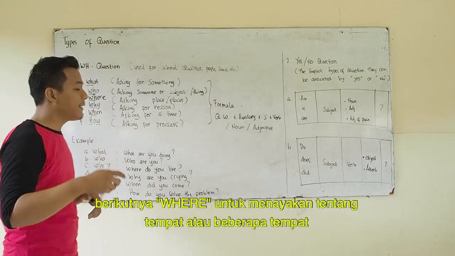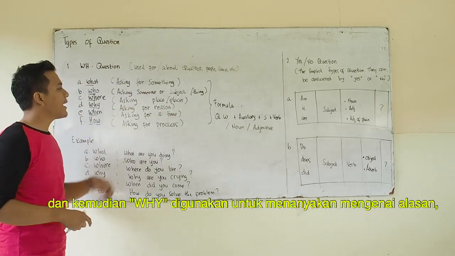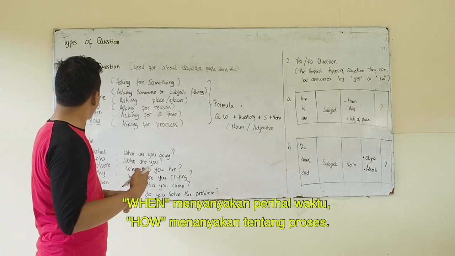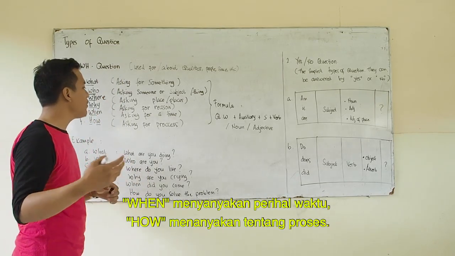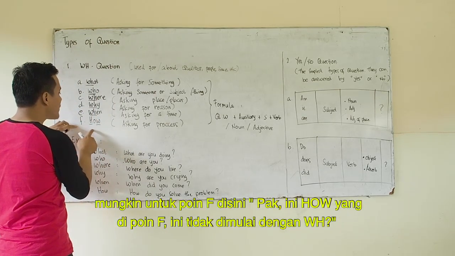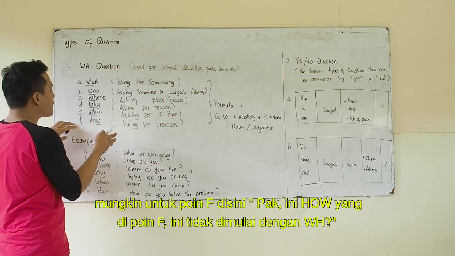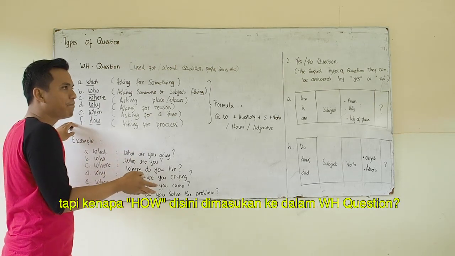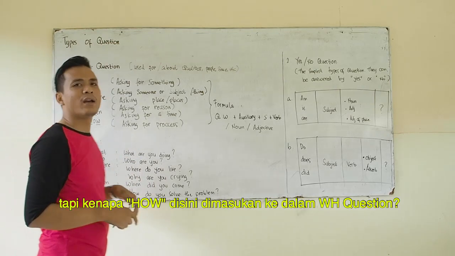Next, where asks for a place or places, why asks for a reason, when asks for a time, how asks for a process. Well, for F here, sir, it's how in F. It doesn't begin with WH, but how here is put into WH question.